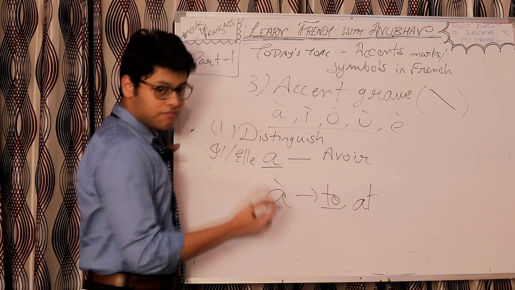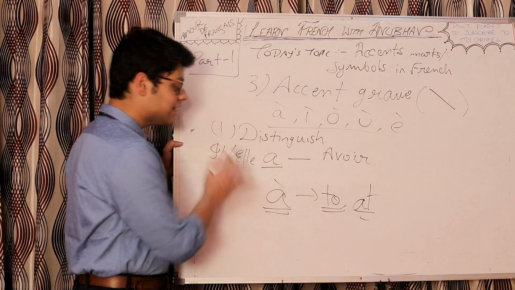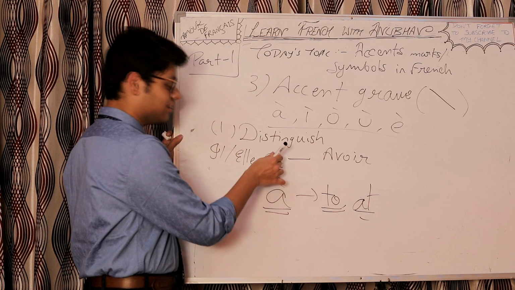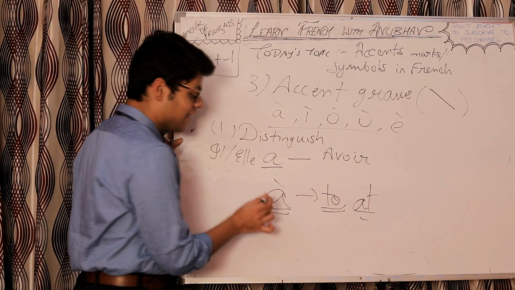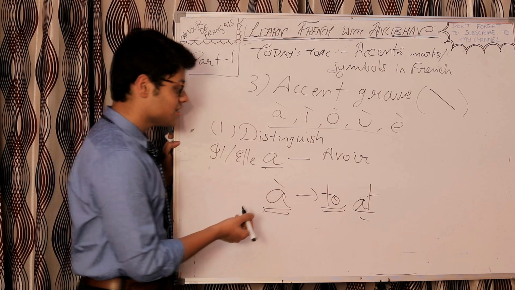I gave a gift to my friend. So à can be to or at. See the difference. Like here it was the conjugated form of a verb, and here it's a preposition or an article. So much difference.